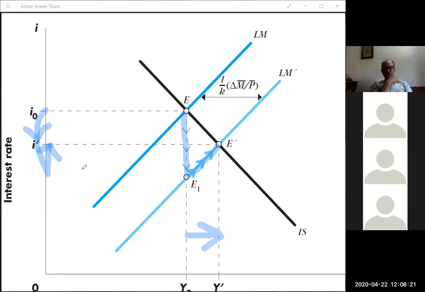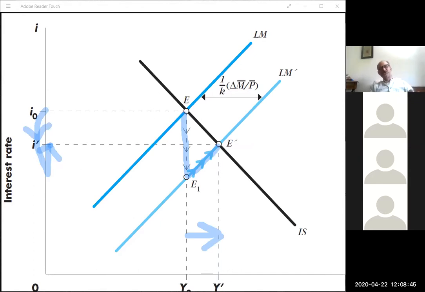Then you will see that the exchange rate also behaves in this peculiar fashion: there might be an immediate devaluation of the currency, and then the currency starts to appreciate and settles at a level which is higher than the previous level. That happens because of this kind of change in the interest rate.